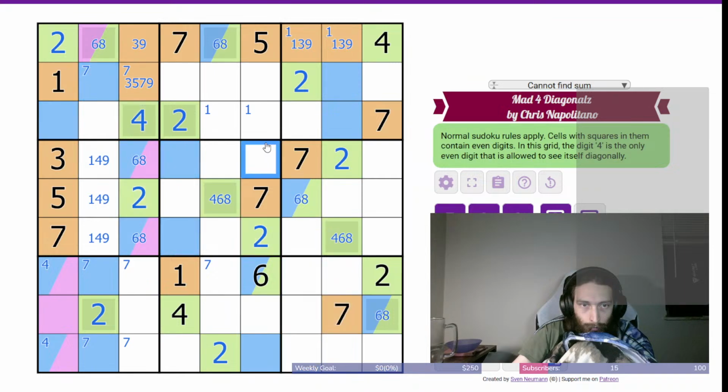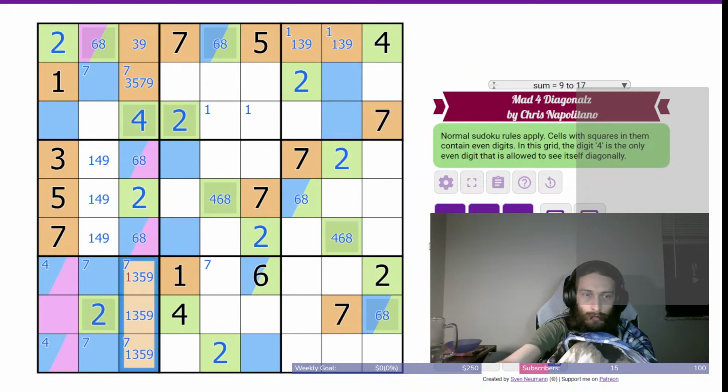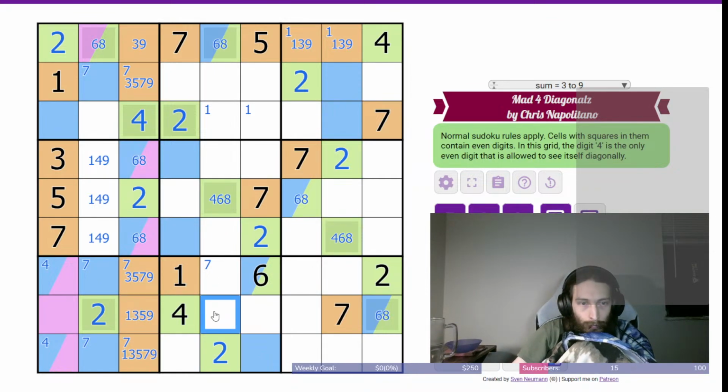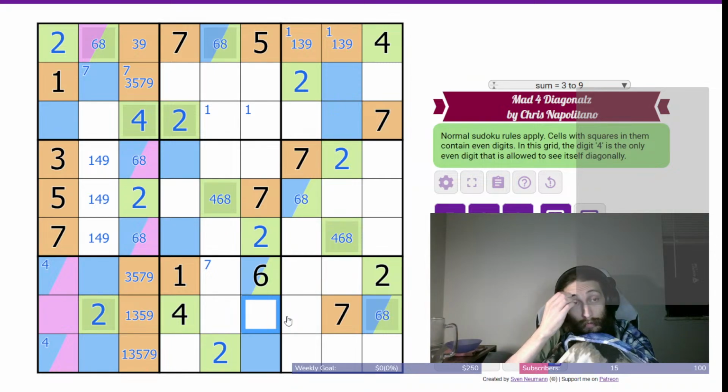Column 3, in box 7, those are all odd. Right. And, oh, never mind. Column 2.